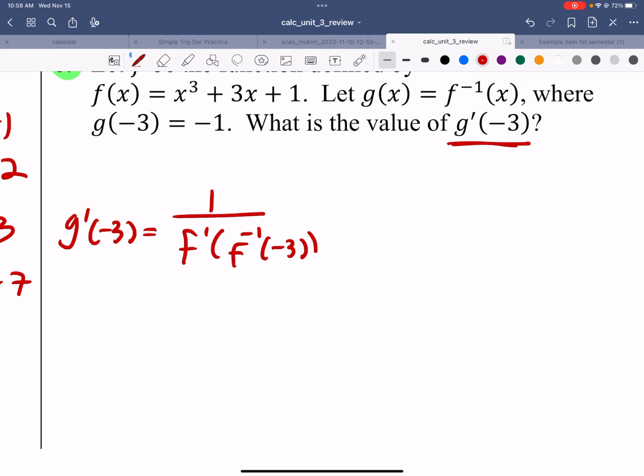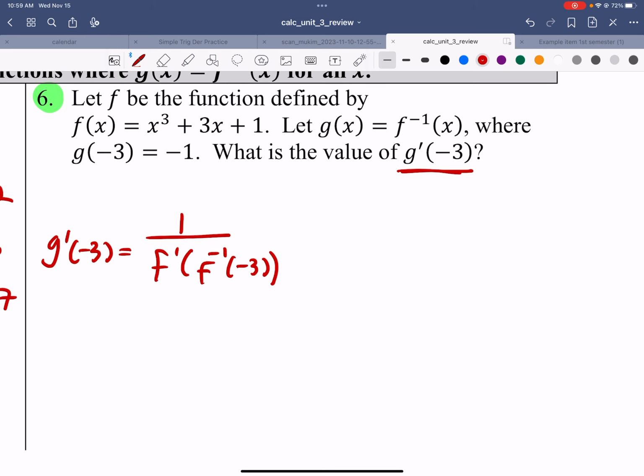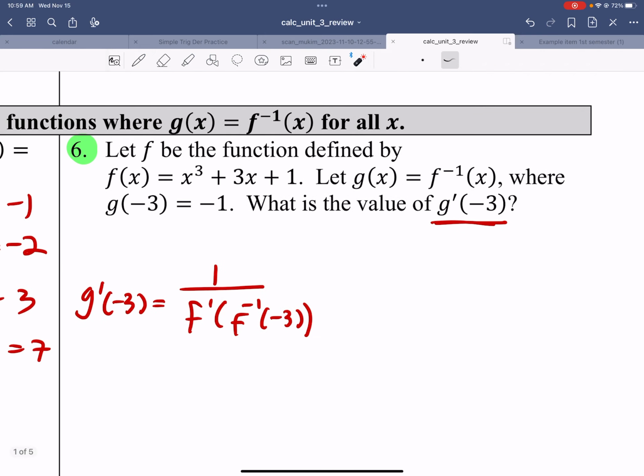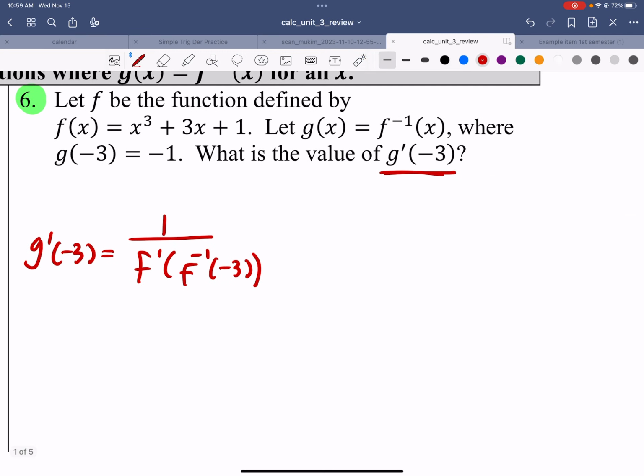I believe I did all those crazy things in class, which works sometimes. But here, this one is an easier way. Now, remember, f and g, do you see they are inverse to each other? So, for example, according to this question, f of x is equal to x to the third power plus 3x plus 1, right?